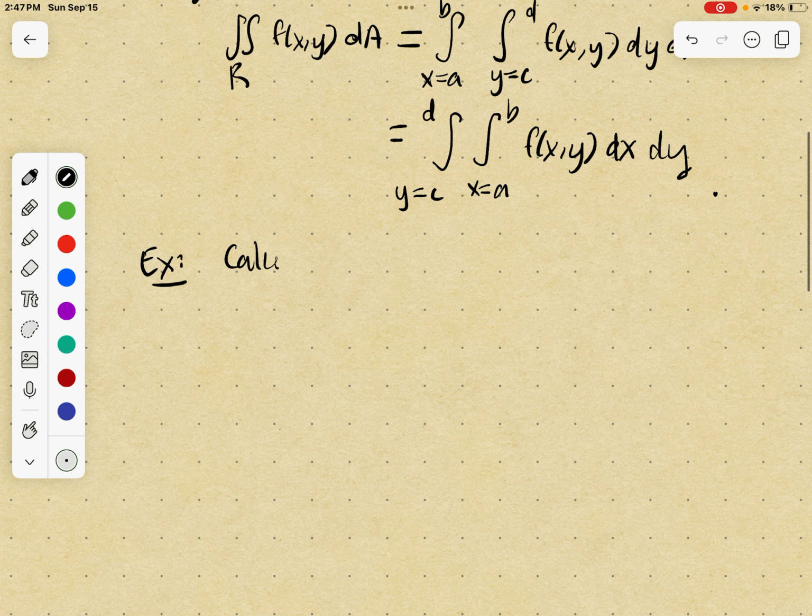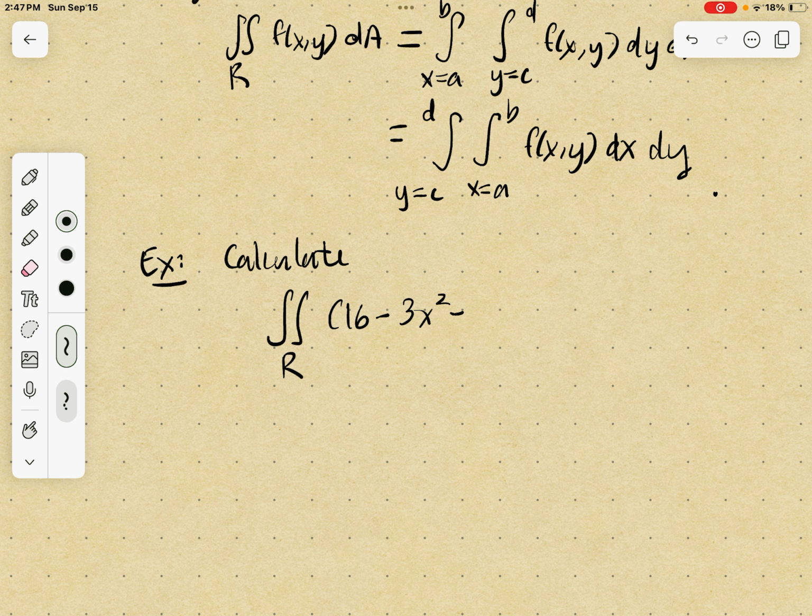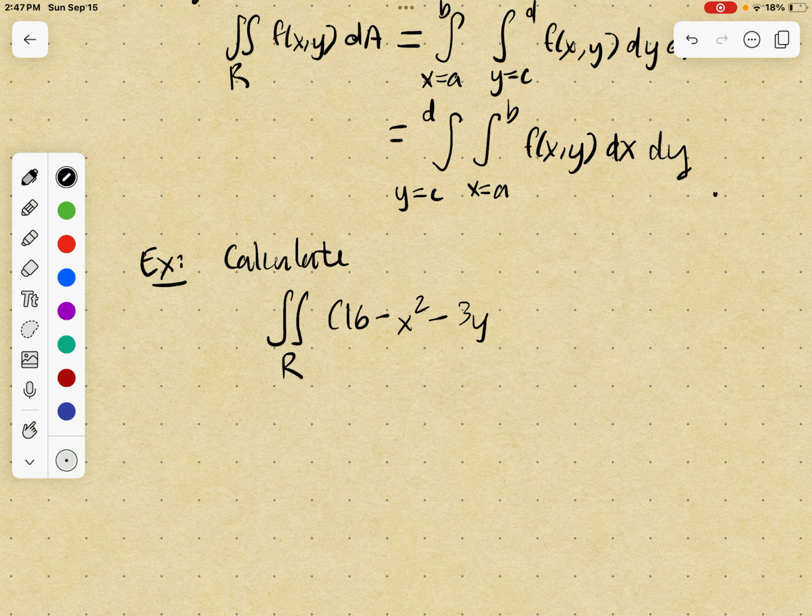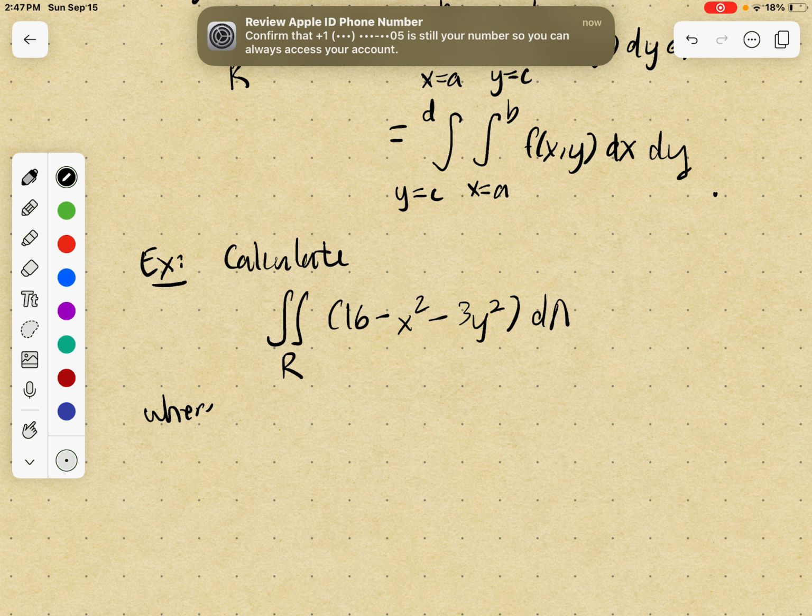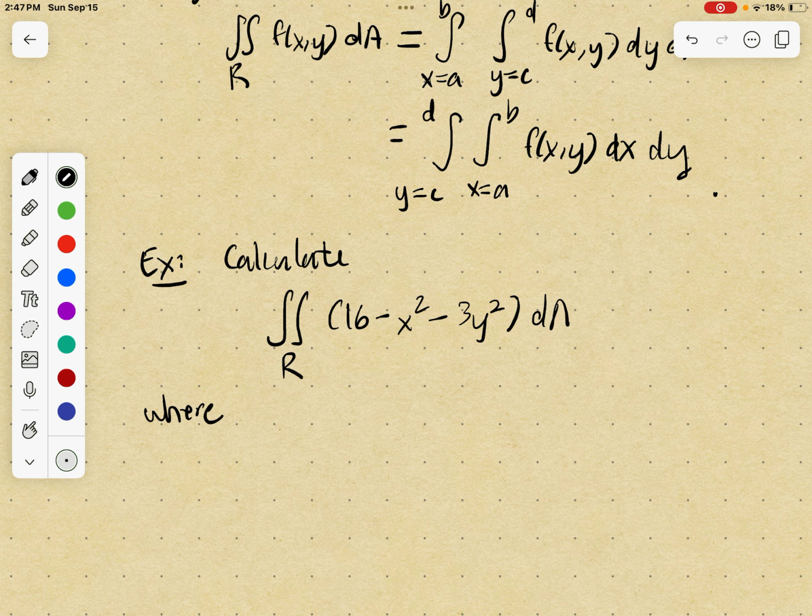Let's calculate the double integral of 16 minus x squared minus 3y squared, where R is this rectangle [0, 3] cross [0, 1].